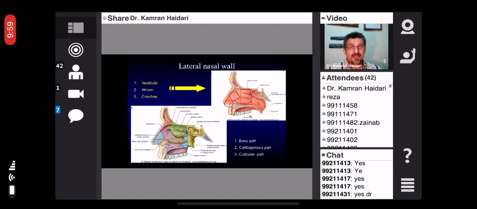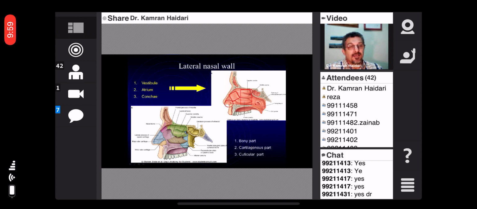Alright, pretty close to the posterior nasal aperture or choana, in this area you have the orifice or opening of the pharyngotympanic tube. Therefore, it is expectable for infection to transfer from the nasal cavity to the middle ear by this opening or orifice.